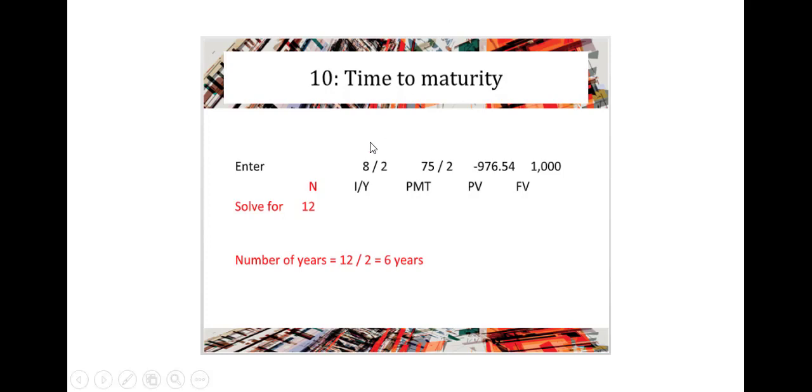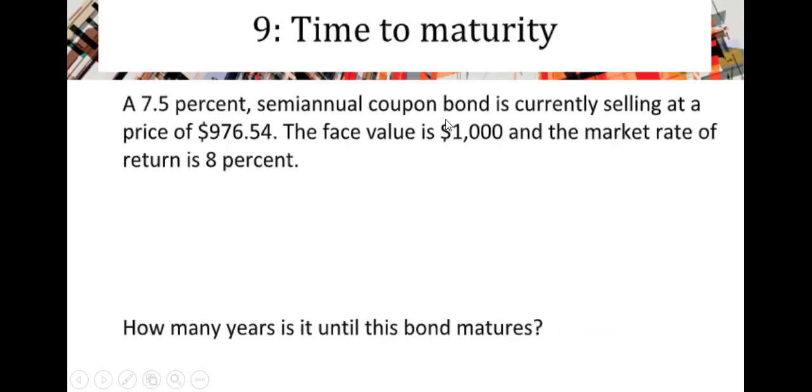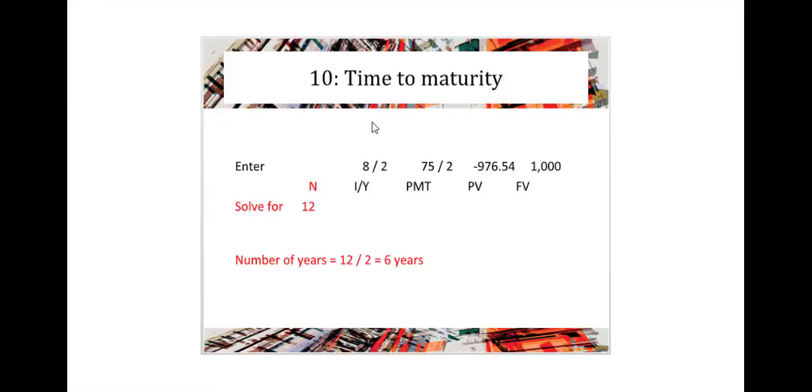So the interest is paid semi-annually. This coupon interest payment is semi-annual. If we solve this problem, we'll get the number of periods, 12.